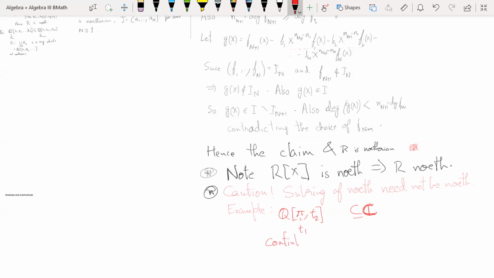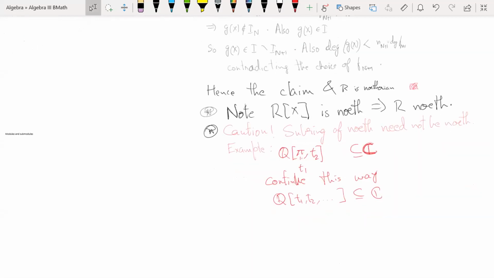Continue this way to construct Q[T1], Q[T1, T2], and so on in C. Note that these are isomorphic to polynomial rings. Q[T1] is isomorphic to a polynomial ring in one variable.